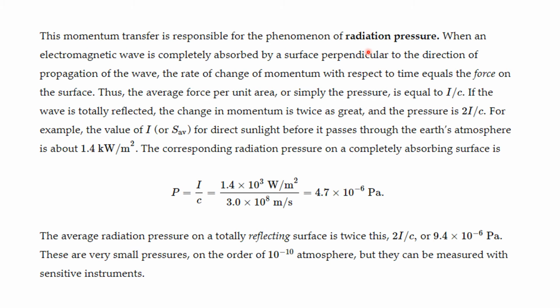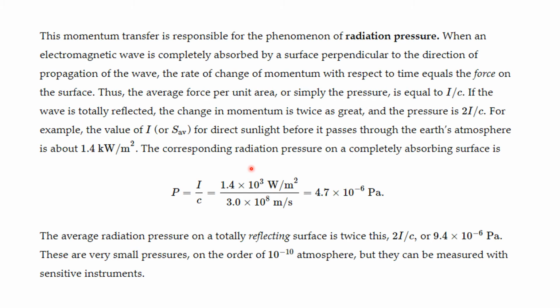There's also a phenomenon called radiation pressure. When an electromagnetic wave is completely absorbed by a surface perpendicular to the direction of the propagation of the wave, what we end up with is something called radiation pressure, because it's average force per unit area, or simply pressure, and that is equal to the intensity divided by the velocity.